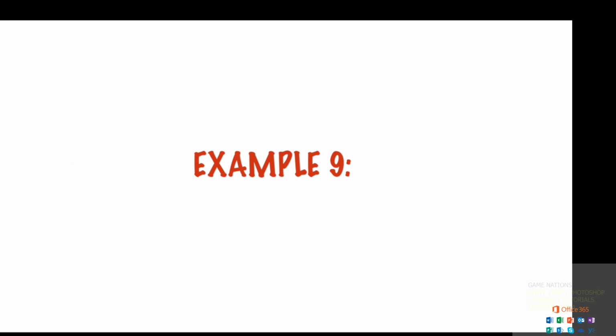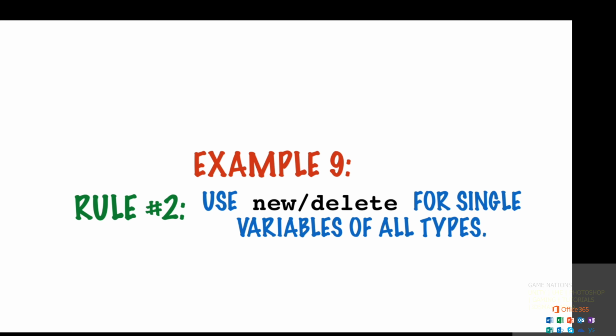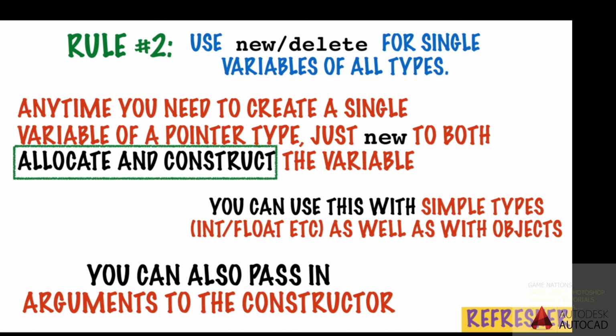The next example that we'll look at here will show us how to actually use the new and delete keywords. New and delete can be used to construct and allocate memory for single variables of all types, whether it's simple integers, floats, or any classes that you've set up. Anytime you need to create a single variable of a pointer type, we just use new to both allocate and construct that variable or that object.